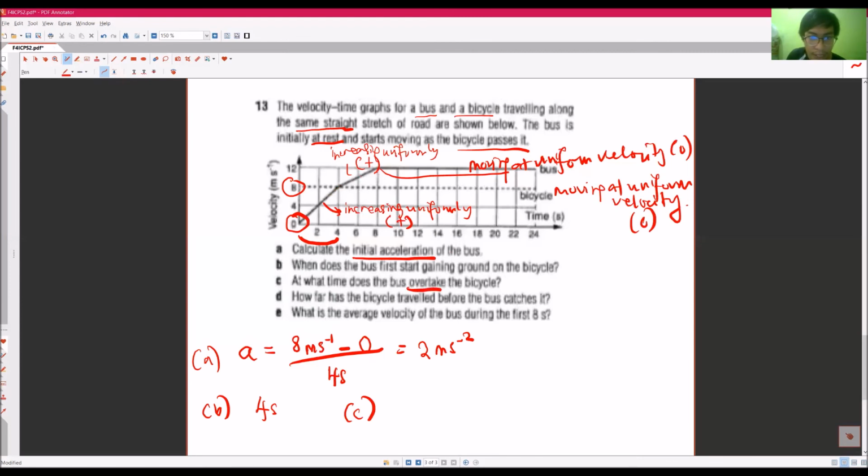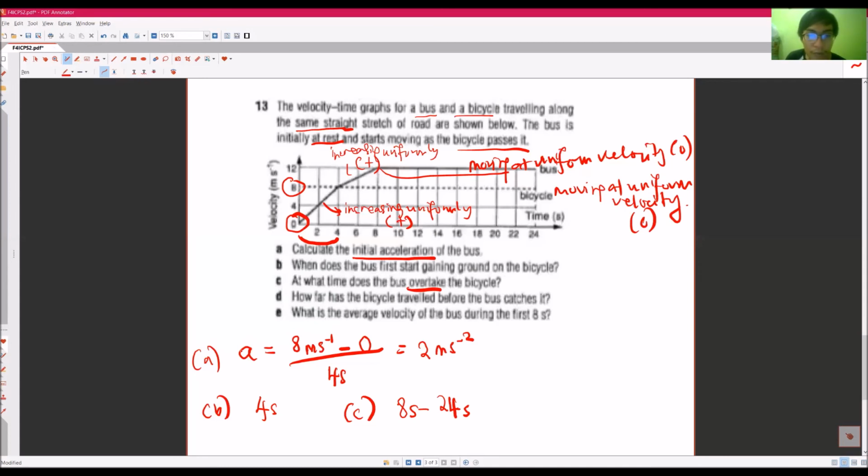So we can say that at each second until 24 seconds. Overtake means that it passes it successfully, moving in front of the bicycle faster than the bicycle.